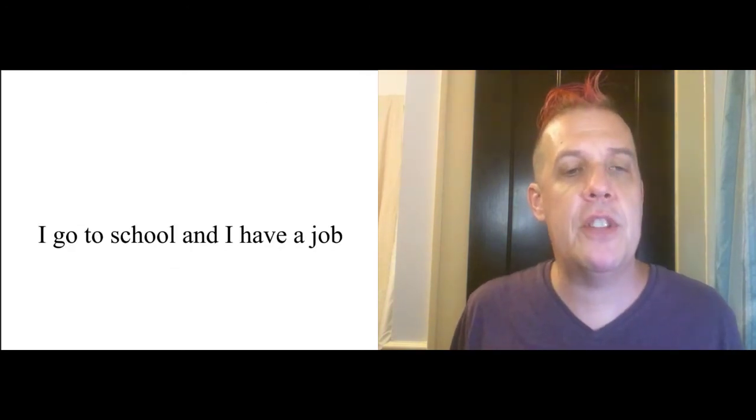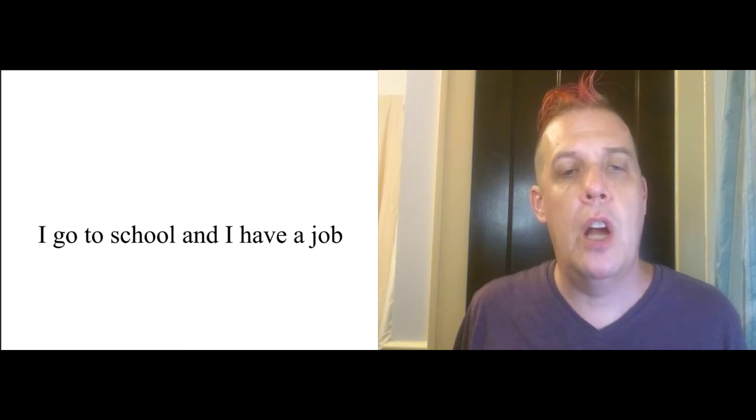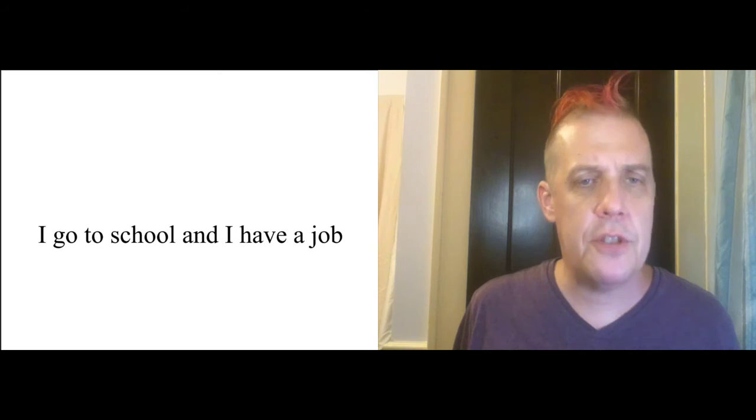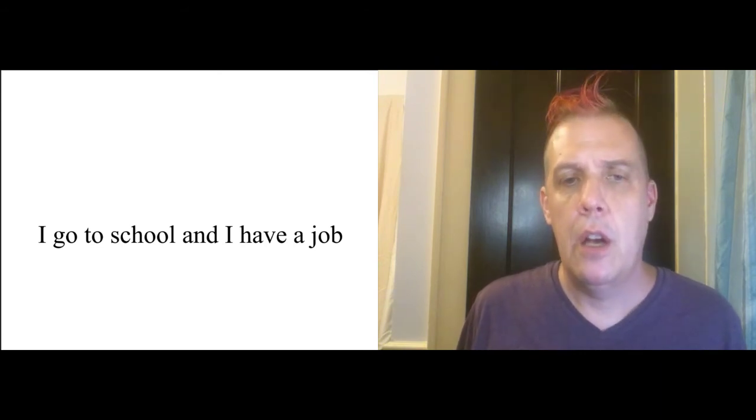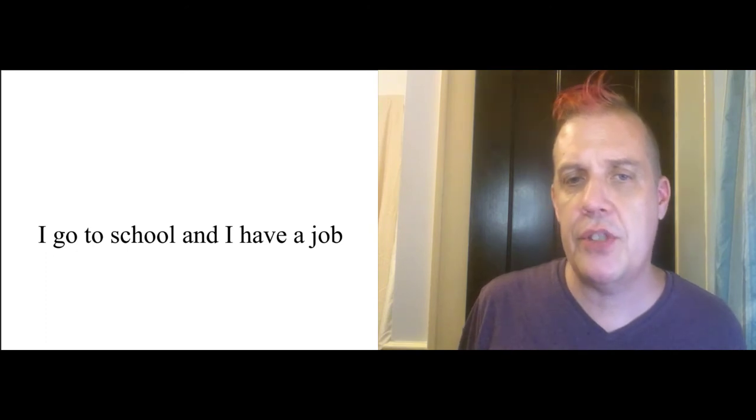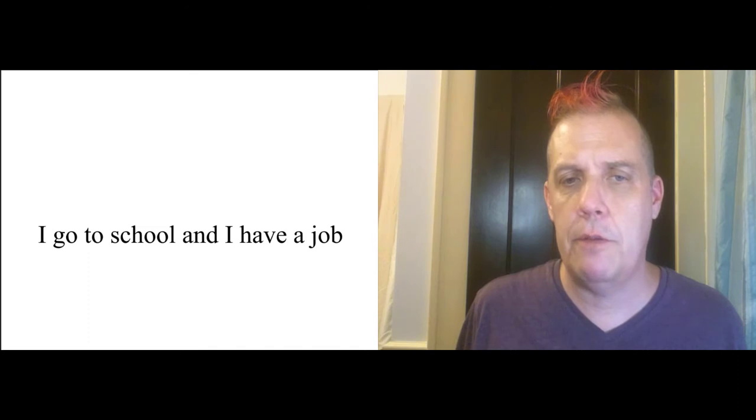All right, now think about this sentence. I go to school and I have a job. Just stop for a second and think. How many atomic statements are in this sentence? Just write down an answer on a piece of scrap paper in front of you. You should see that there are two.